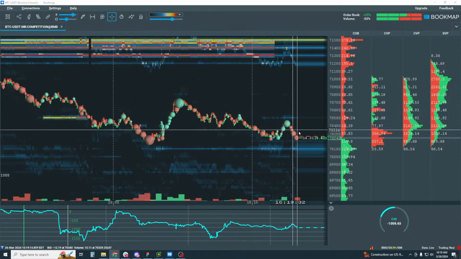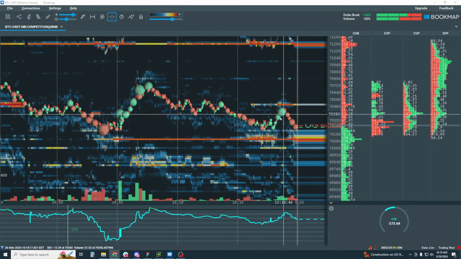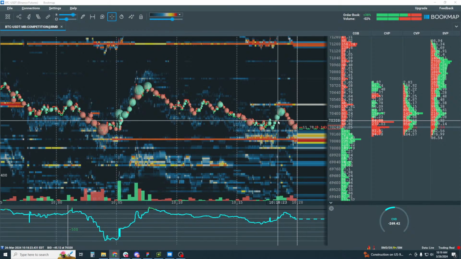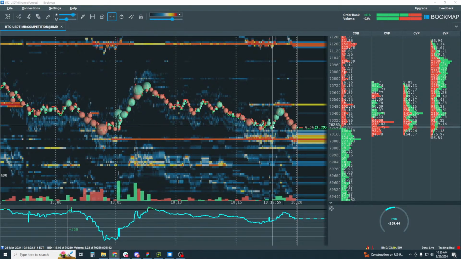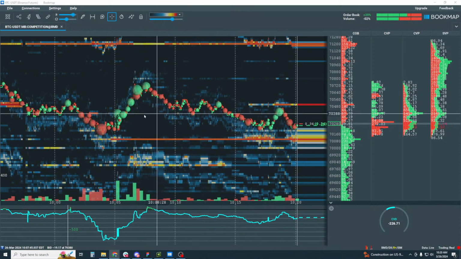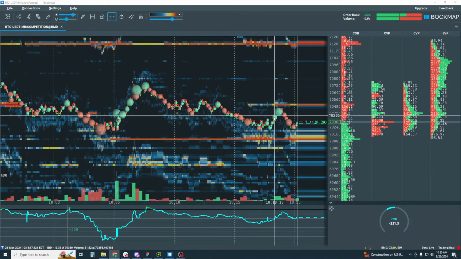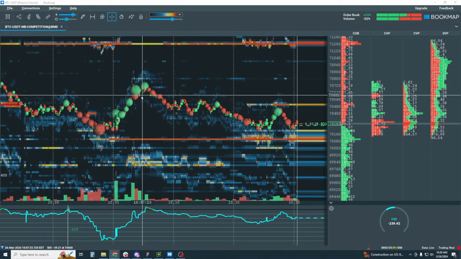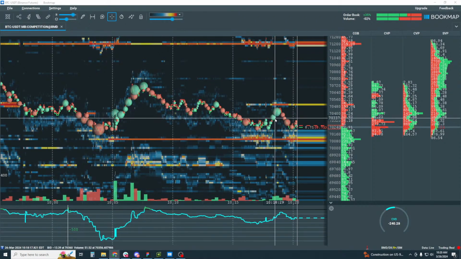Okay, so yeah, is this enough though to justify taking a position? Okay, is this something you want to risk on in here and place an order? And I would say no, not yet. There's still pockets of buying in here, and in my book, or what I see, it is still chopping back and forth.